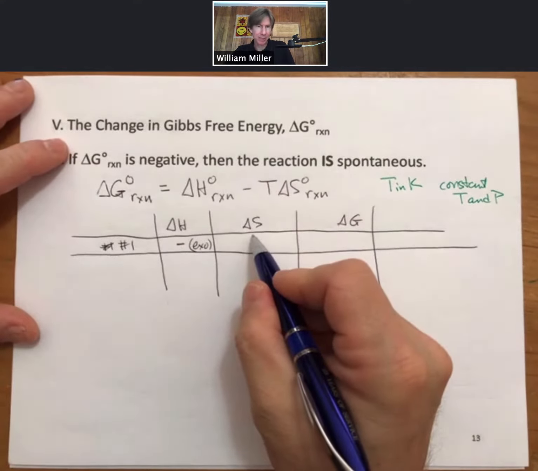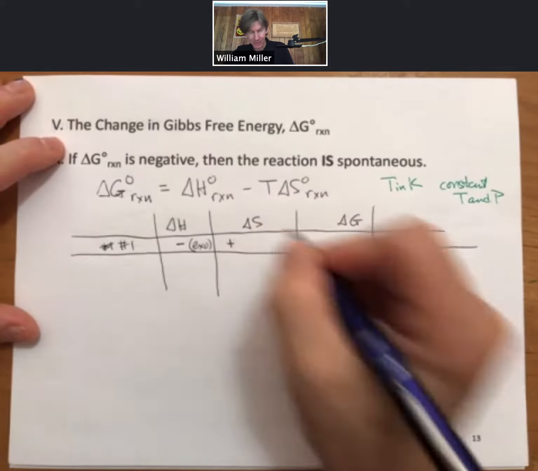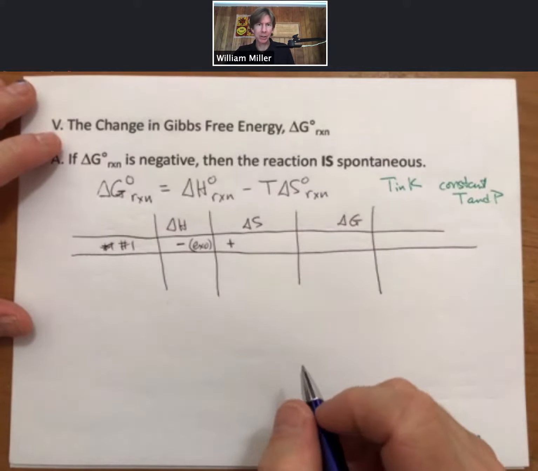We'll look at the case if delta S is positive, and that means matter is more dispersed.